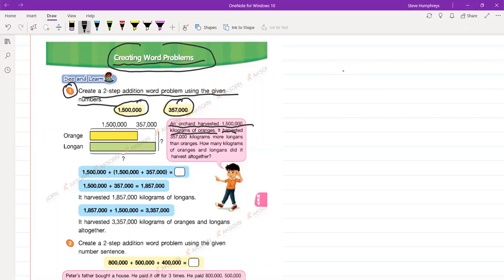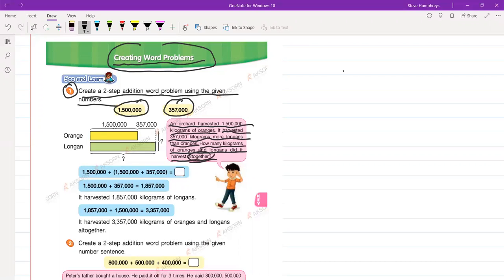It harvested 357,000 kilograms more longans than oranges. How many kilograms of oranges and longans did it harvest altogether? Okay. Keyword is altogether.